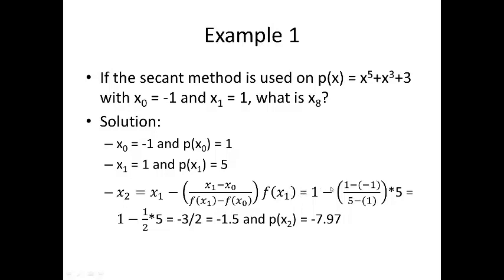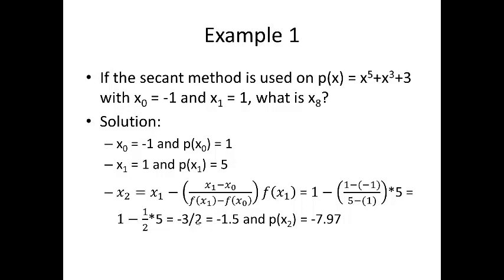That's 1 minus 1 over 5 minus 1, so that's 2 over 4, which is 1/2, times 5. That's 1 minus 5 halves, which is minus 3 halves, which is about minus 1/2. And when we plug minus 1/2 back into the p of x equation, we get about minus 7.97 with the calculator. So that's how to do the first 3 steps by hand.